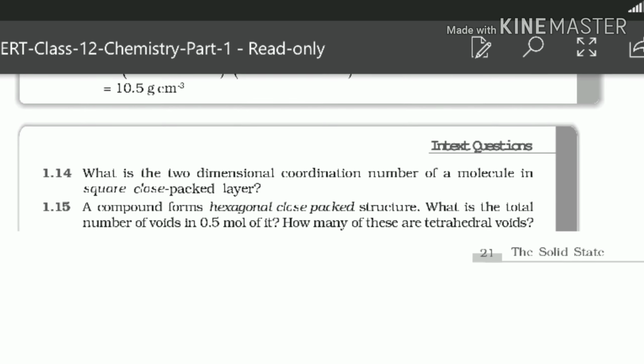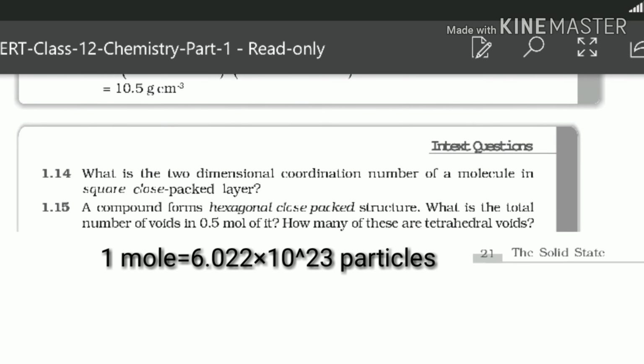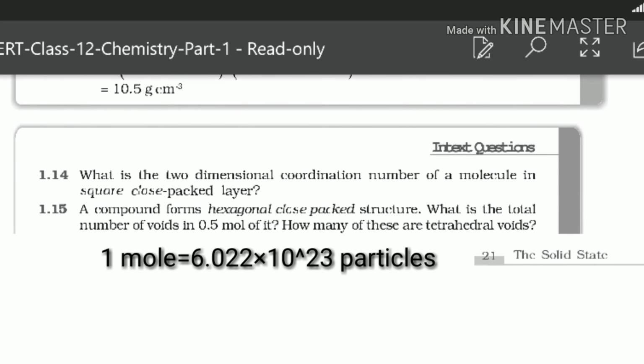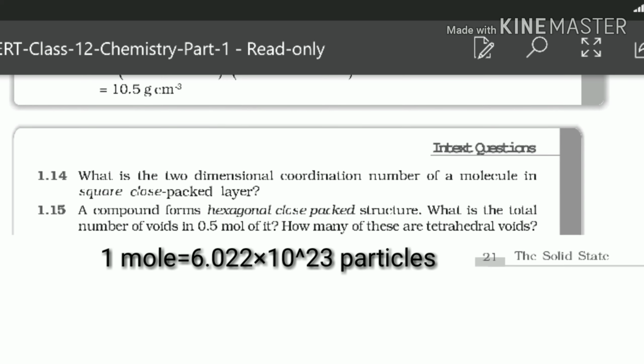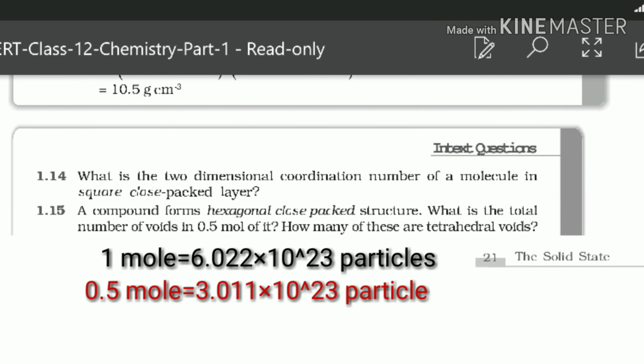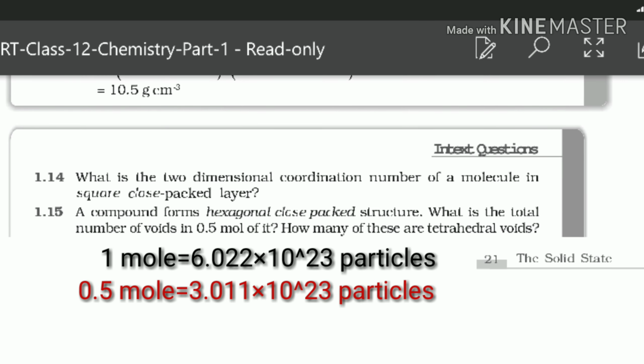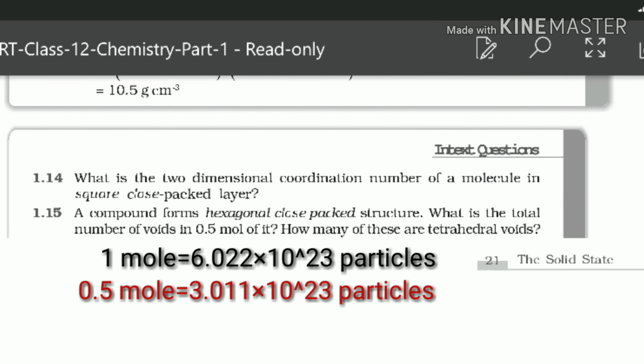See, we know that 1 mole has 6.022 into 10 raised to the power 23 molecules, collectively constituent particles, that means atoms or molecules. We can calculate from this that the number of constituent particles present in 0.5 mole will be half of the number of particles present in 1 mole, and the number of constituent particles present in 1 mole is 6.022 into 10 raised to the power 23.